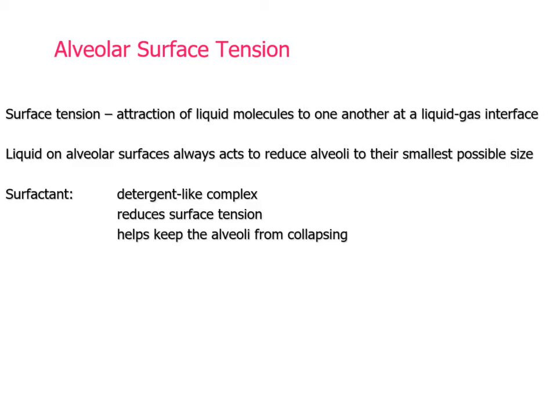And the liquid on the inner surface of the alveolar epithelium will tend to want to draw them close and reduce them to the smallest possible size. The key factor that prevents that is the secretion of the detergent-like molecule surfactant, which helps to reduce surface tension and keep the alveoli from collapsing.